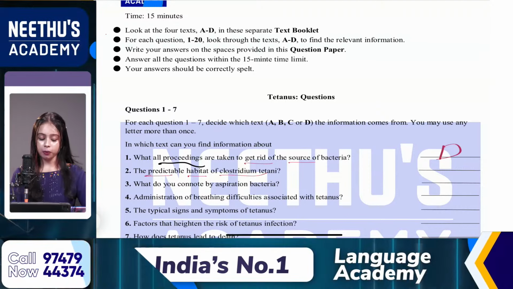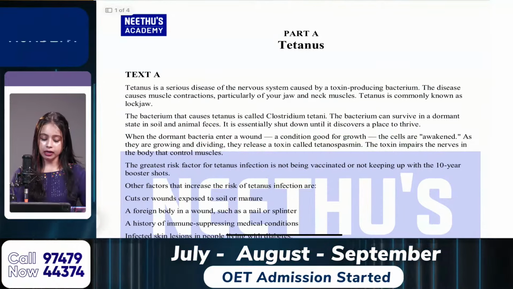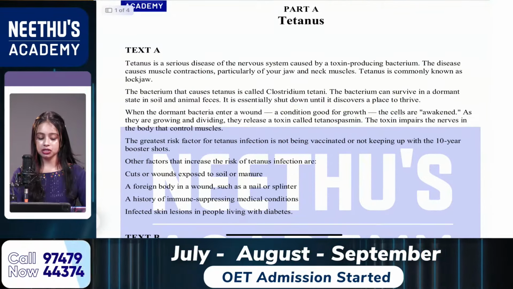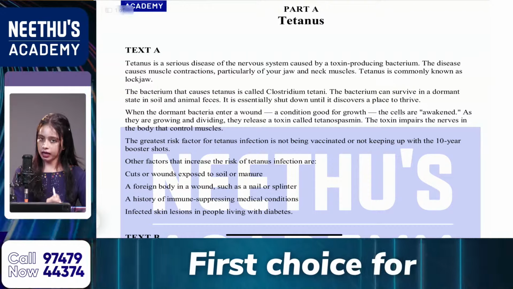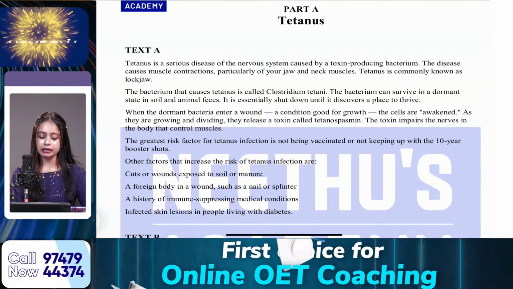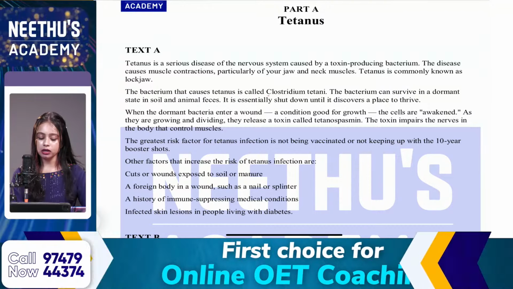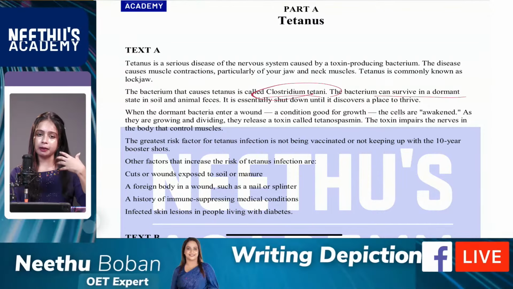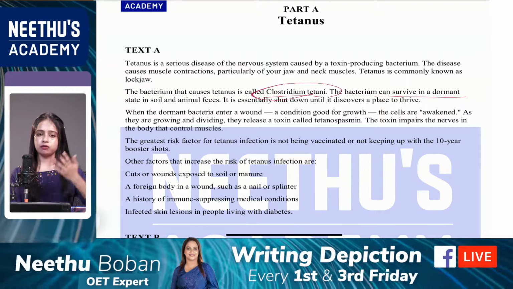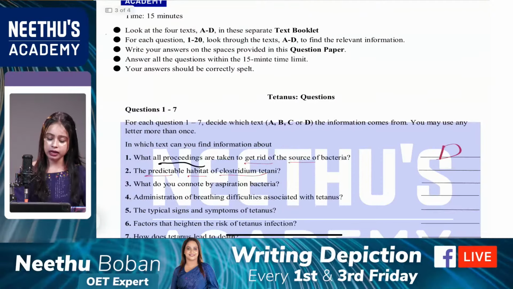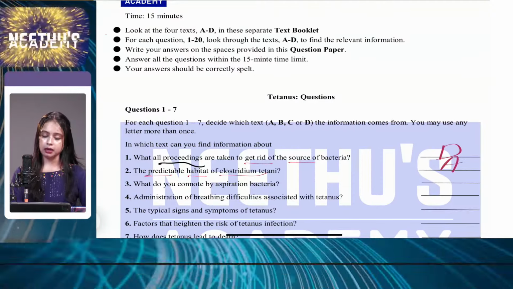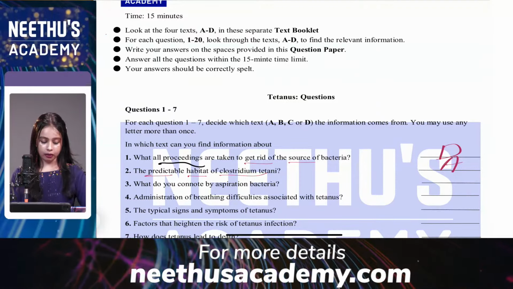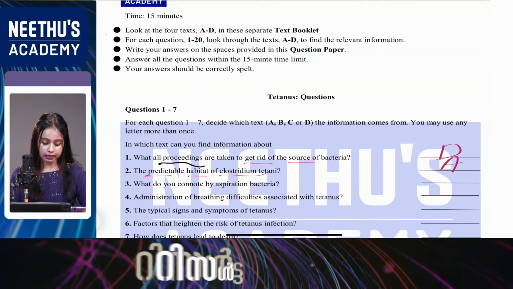So about this particular bacteria which is mentioned here, as you can see from text A, the second paragraph, the bacterium that causes tetanus is called Clostridium tetani. The bacterium can survive, so that is the habitat of the bacteria, and of course that is from text A. Reshma, habitat and tetani, right?